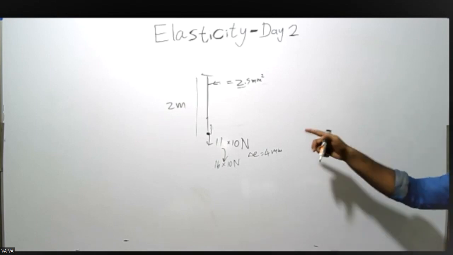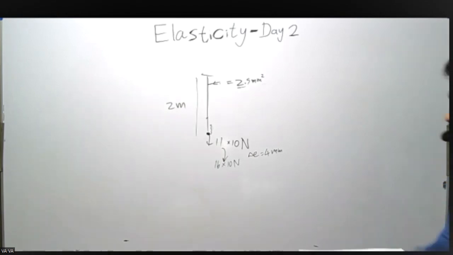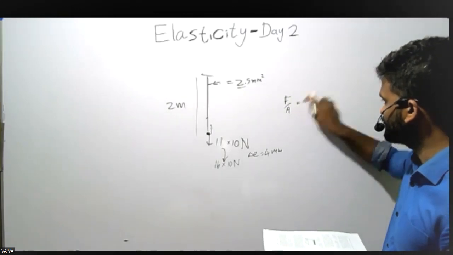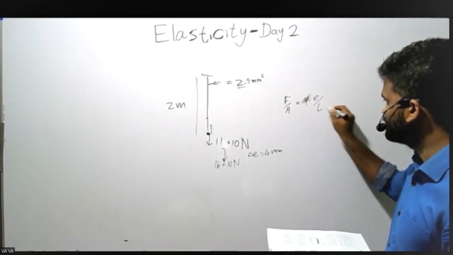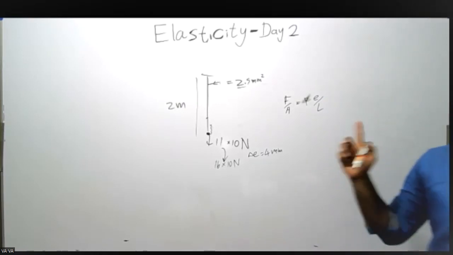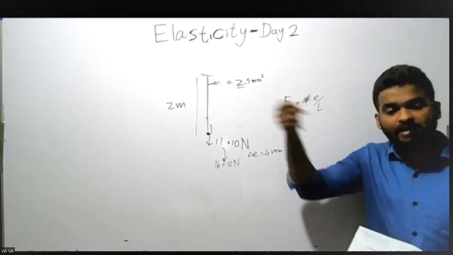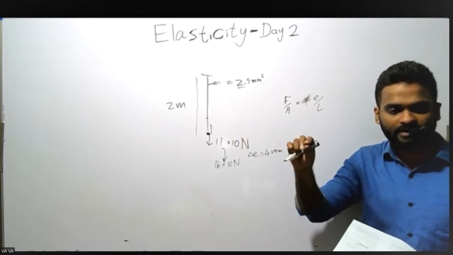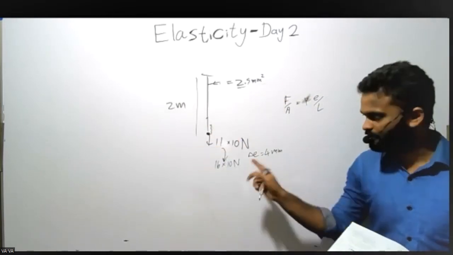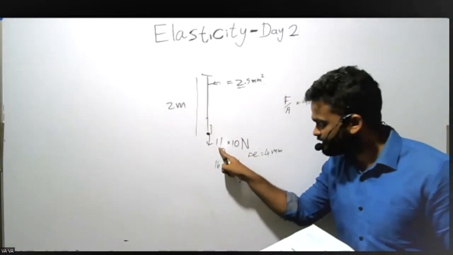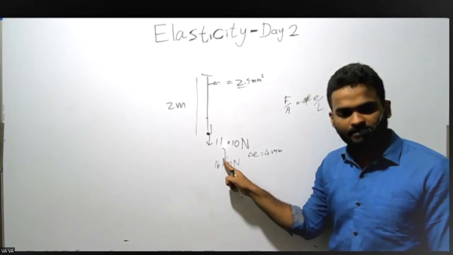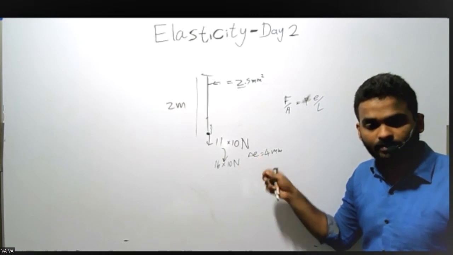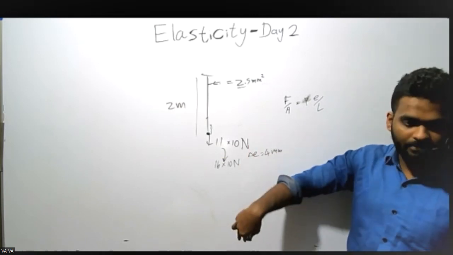So this question is somewhat different, right? In this question, what they have given is change of extension. When you increase the mass attached here by 5 kilograms, the extension changes by 4 millimeters.